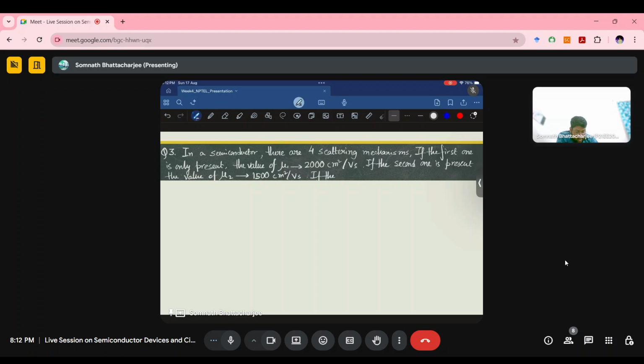If the third and fourth ones are present, the value of mu34 is 1000 centimeter square per volt second.